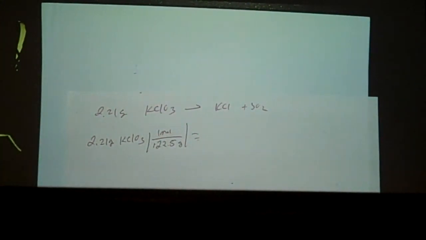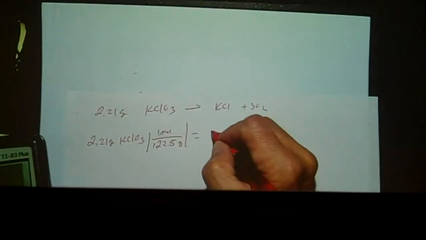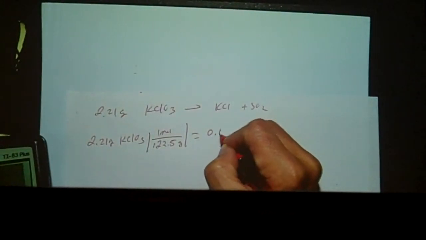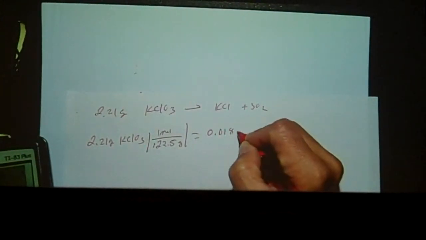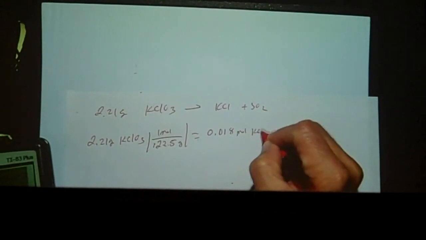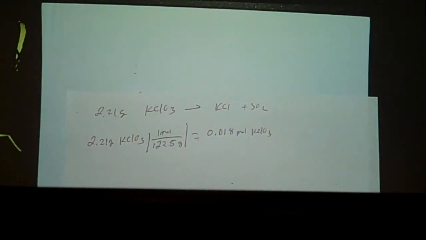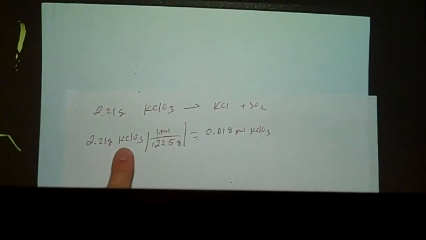So 2.21 divided by 122.5 equals 0.1018 moles of KClO3. All I did was take the 2.21 grams of KClO3 and convert that to moles of KClO3.